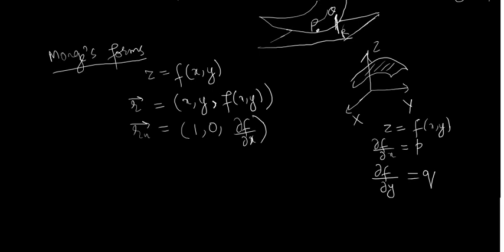Similarly, del 2f by del x square is denoted by r, and del 2f by del x del y is denoted by s, and similarly del 2f by del y square, second partial with respect to y, is denoted by t.